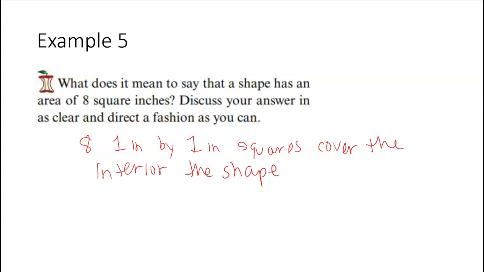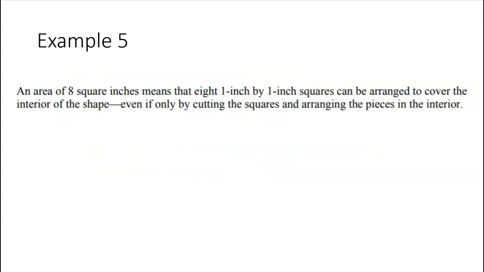This means 8 square inches. I take 8 1 inch by 1 inch squares, and I can cover the entire interior of the shape. All right, and here it is written out for you.